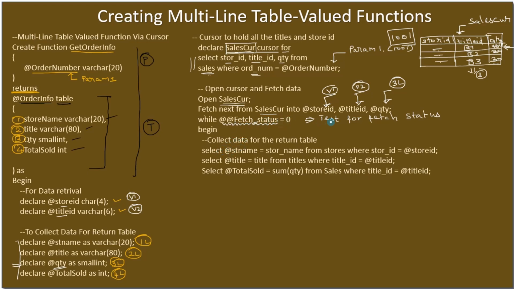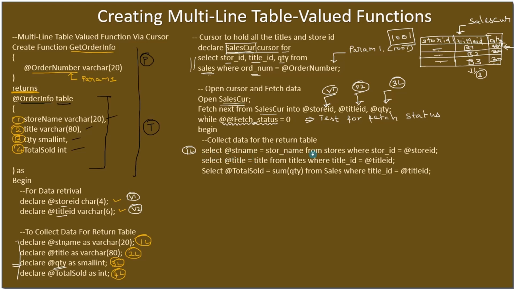Select store name. Store name is here, 1L. We already have 3L, and here we are getting the 1L. And if you see select store name, you have to read it like this: select store name from stores. This is a simple select query, right?